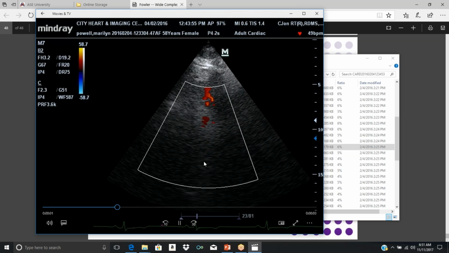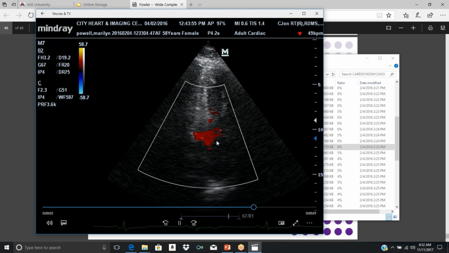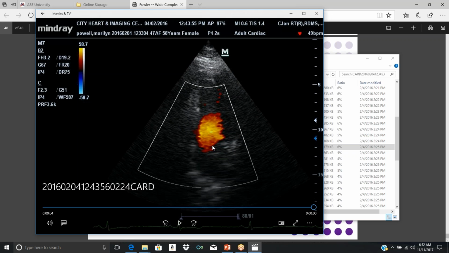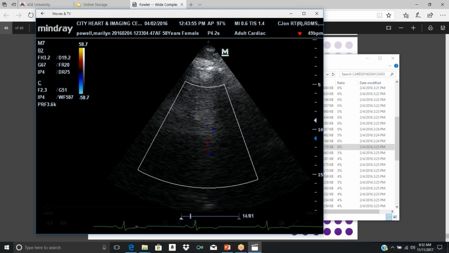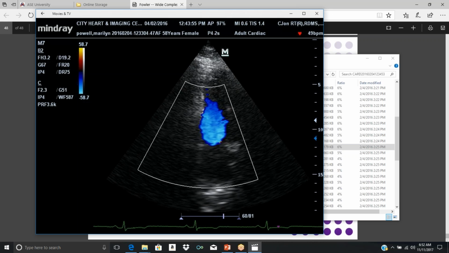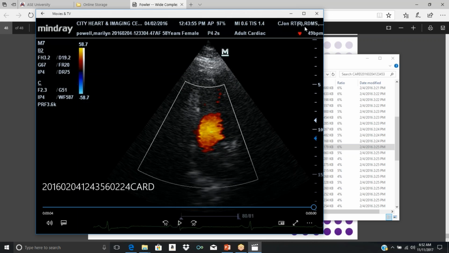If you look closely, you can see a jet of varying shades of blue just below the mitral valve, which suggests flow moving away from the transducer. That means it's moving from the left ventricle across the mitral valve into the left atrium. So that's mitral regurgitation.